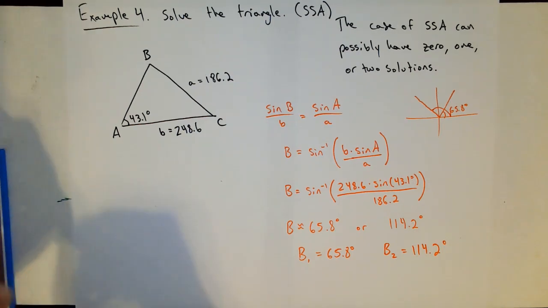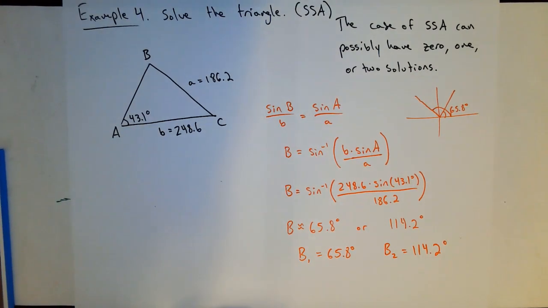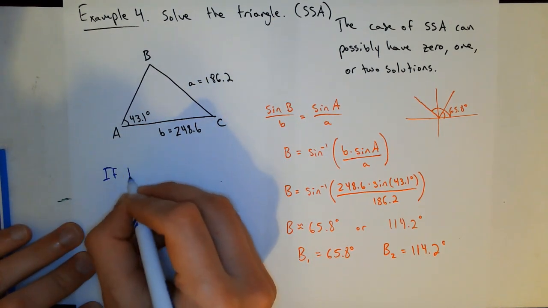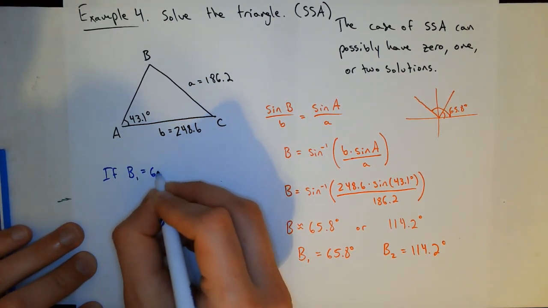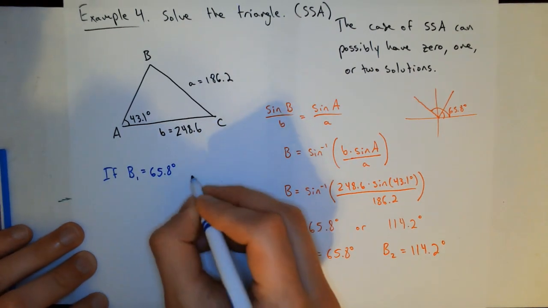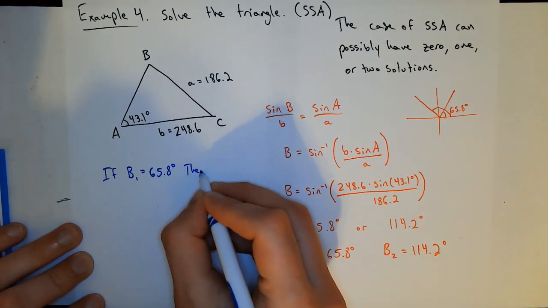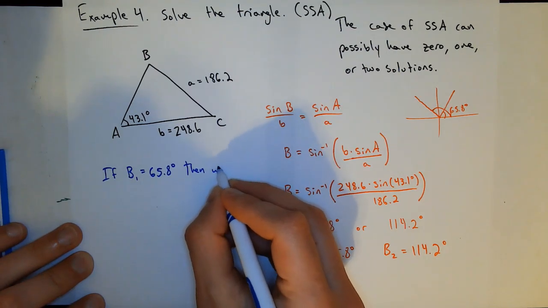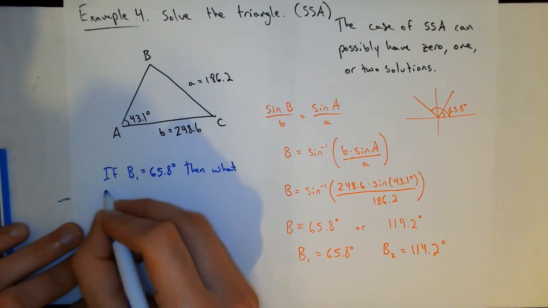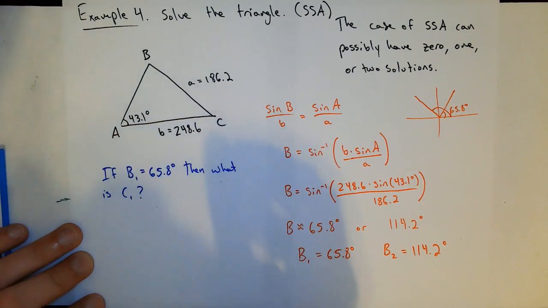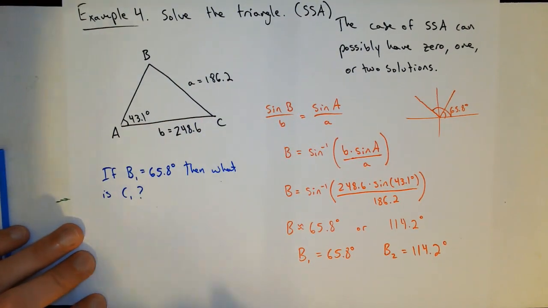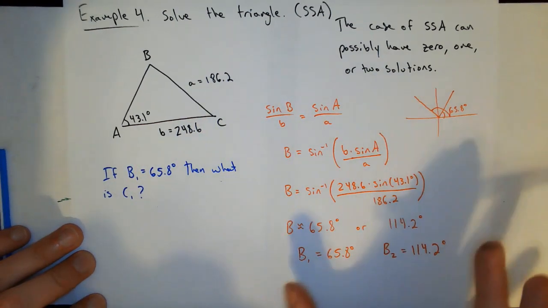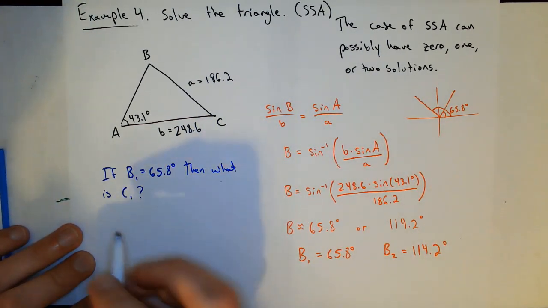Okay. And let's consider the case of B1. If B1 is equal to 65.8 degrees, then what is C1? Let's label all of the things in this case with the subscript 1, because we have two different possible triangles now. So what is C1?